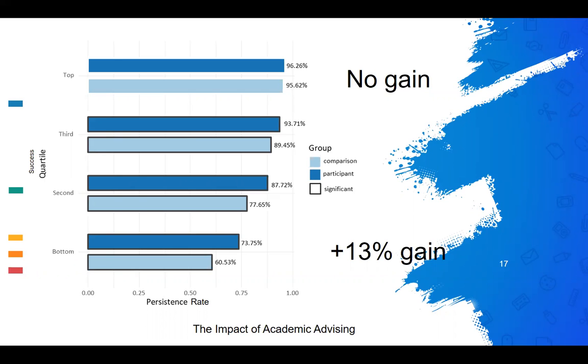One propensity score is their likelihood to be successful. That's the success quartile system. We also build a prediction model around their likelihood to participate in the activity. So we're looking at students who are nearest neighbors. It's called a nearest neighbor design, where they're very similar in their academic outcomes and their likelihood to be successful academically, but they're also very similar in their likelihood to participate in academic advising.